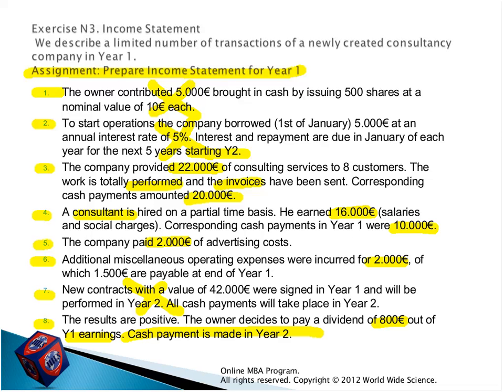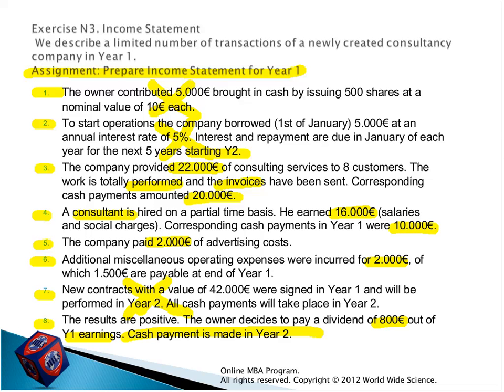We have to record this amount in full. What else? About the contract, for which we are going to receive payments in the next year, it will be realized in the next year. So we are not going to record this amount in our income statement.